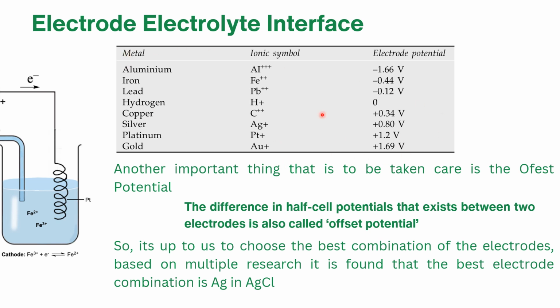So this table shows the electrode potential of different electrodes. If you see, hydrogen has zero. This is the reason why in most cases they prefer the hydrogen electrode. But based on multiple research, they found a difference in the half potential that exists between two electrodes. I'm talking about two electrodes, not just one electrode.